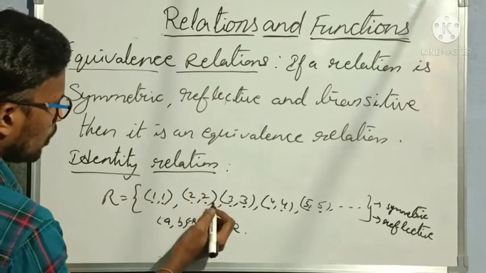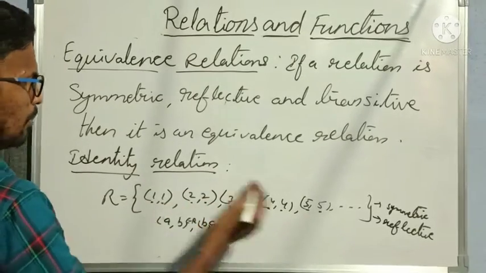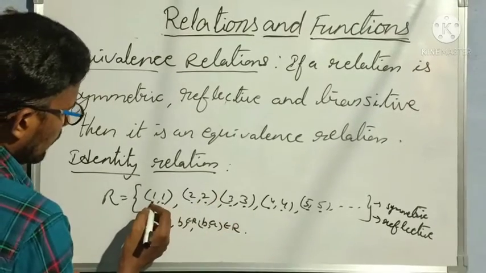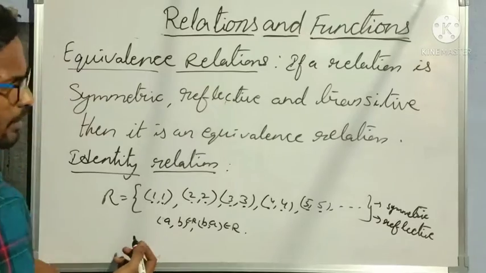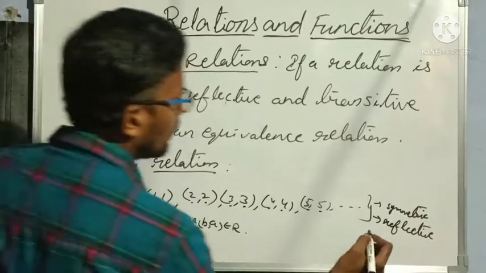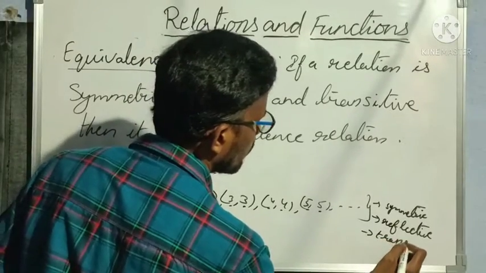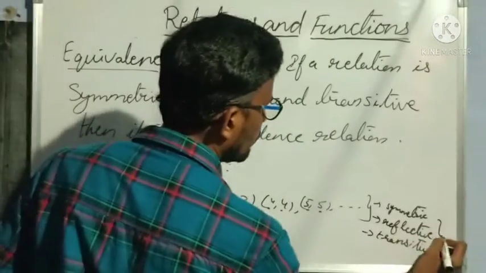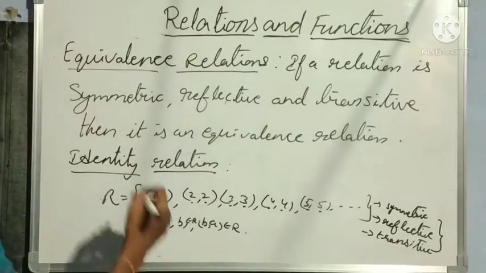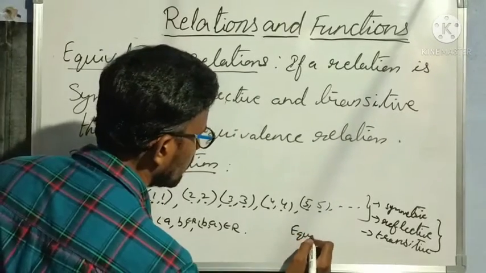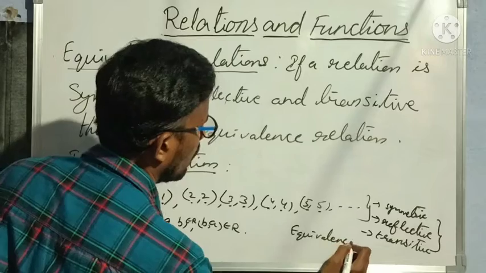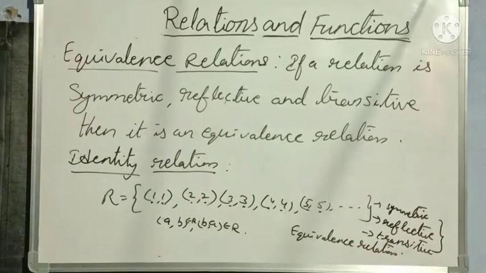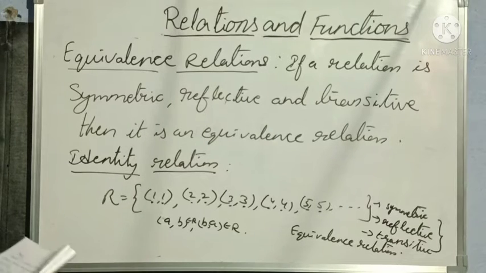If there is one more element of such a kind, then we can take the mapping from that element, but anyhow this starts from 1 and ends at 1. So this is transitive also. Understood? So this relation is overall called an equivalence relation. This is how we have to see whether a relation is an equivalence relation or not.